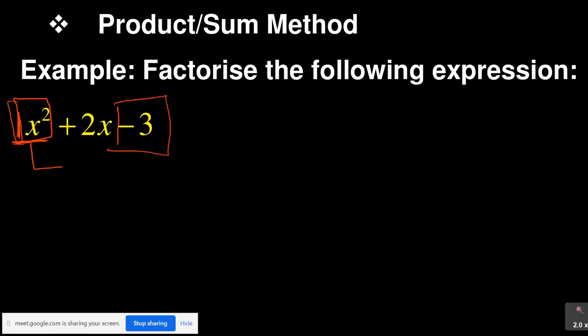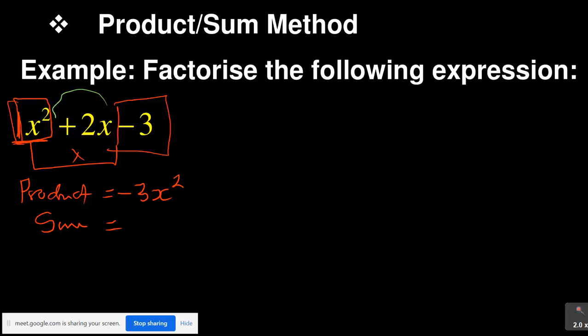When you multiply these two, my product will be in this case equal to 1 times negative 3, which is negative 3x squared. Are you with me? And then my sum is what is remaining in the center, and my sum there is positive 2x.